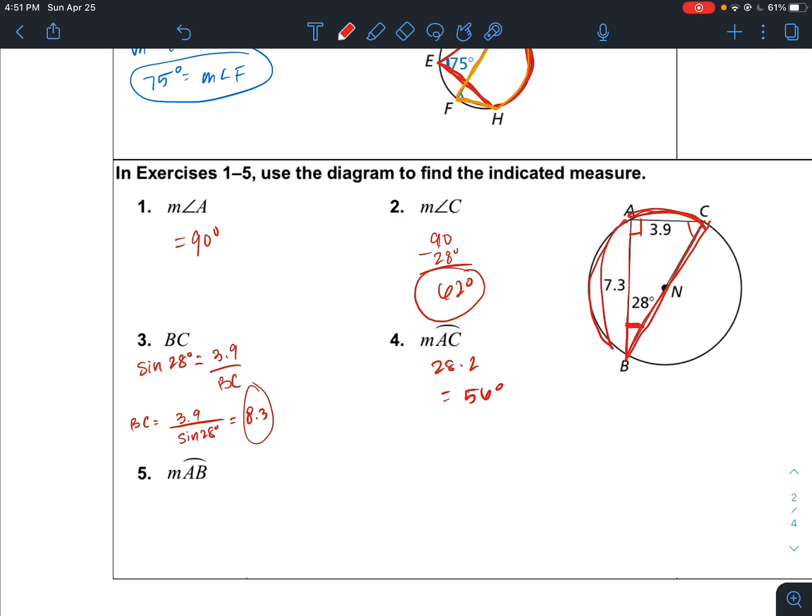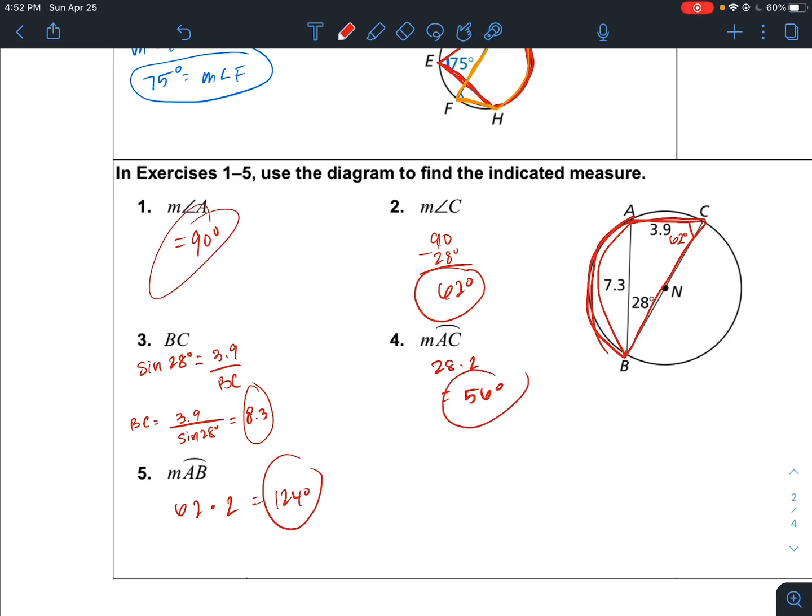So I see that this is the intercepted arc of angle C, and we know angle C is, so AB, right? Am I looking at that right? So angle C is not 8.3, this is 62 degrees. Okay, and so this is the inscribed angle for this arc right here, so the arc has to be double that. So 62 times 2, which is equal to 124 degrees. Okay, and there you go.